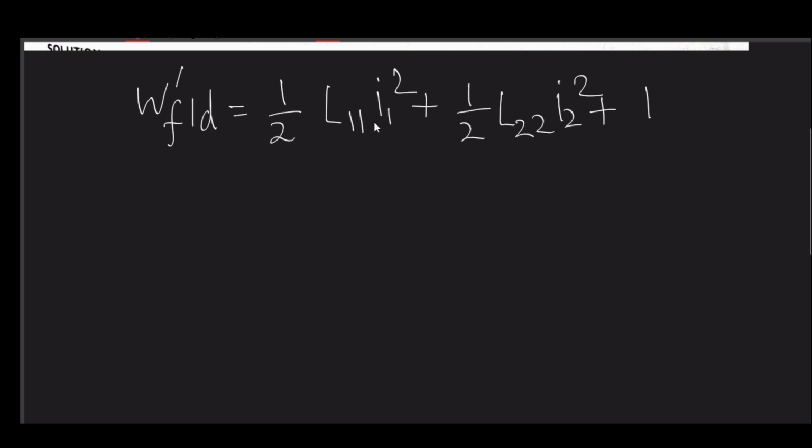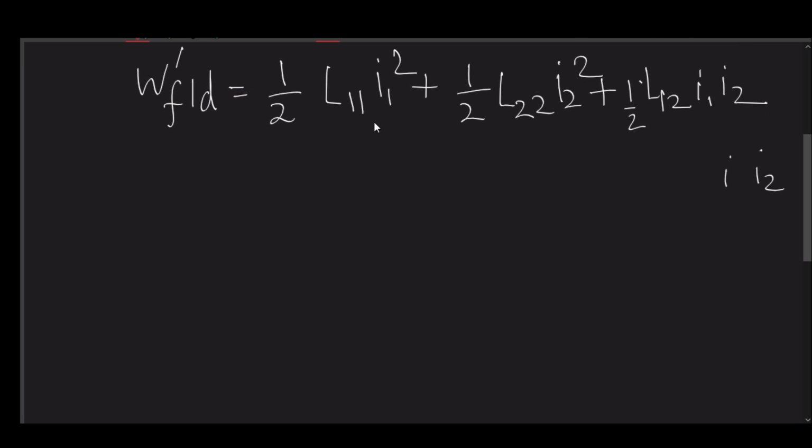Sorry, we are assuming L12 is equal to L21, or MSR is equal to MRS. So L21 or L12 times I1 I2. Basically it was half plus half L21 I1 I2, but as we are assuming L21 is equal to L12, we can drop this part and we can get this one.